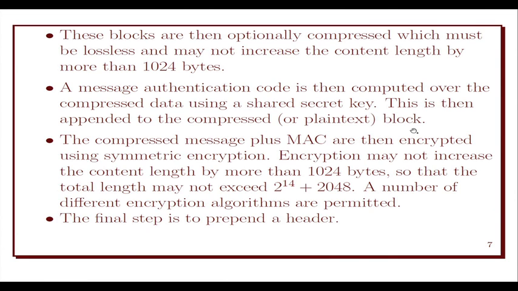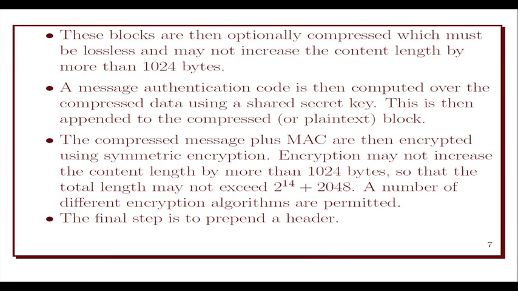So, we break it into blocks, then we compress, and then we have a message. Now, to apply the MAC, we can take some of the bytes, say from these 1024 bytes, and then apply the encryption using the secret key, and that is the MAC function.